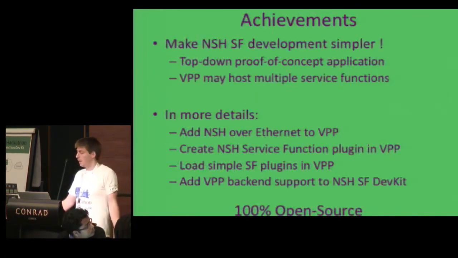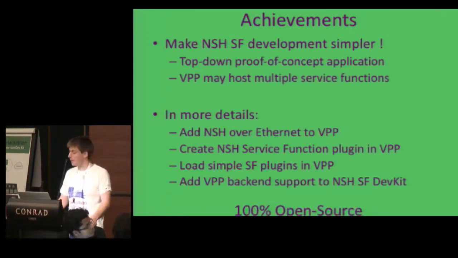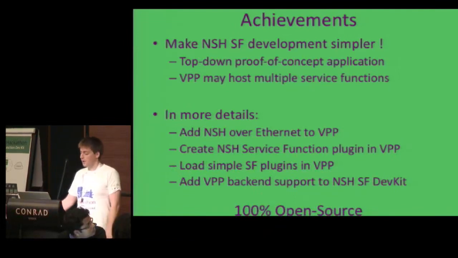Anyway, what did we actually achieve? Well, pretty much everything we set out to do. Yay. So we had our test applications running and working. VPP uses a shared library interface to load multiple service functions from its command line. And in particular, to interoperate with the traffic steering engine that Sandvine had implemented, we needed VPP to support NSH over Ethernet.